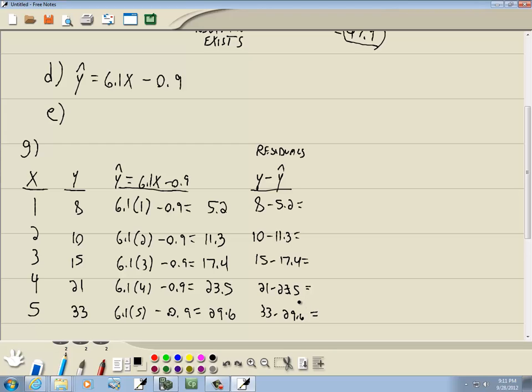So 8 minus 5.2, I get 2.8. 10 minus 11.3, negative 1.3. 15 minus 17.4, negative 2.4. 21 minus 23.5, negative 2.5. 33 minus 29.6, and 3.4.